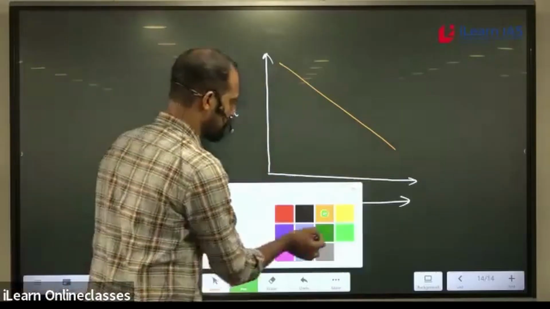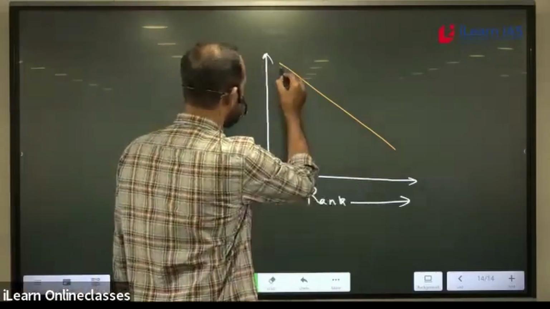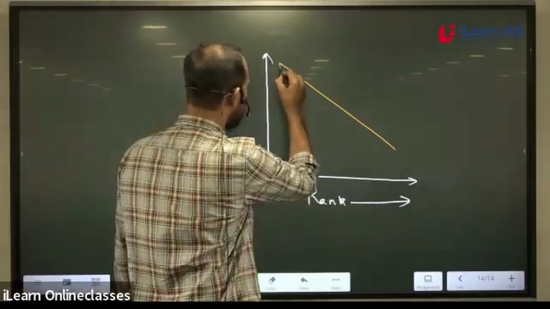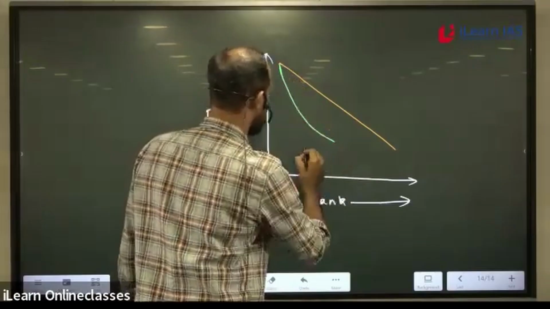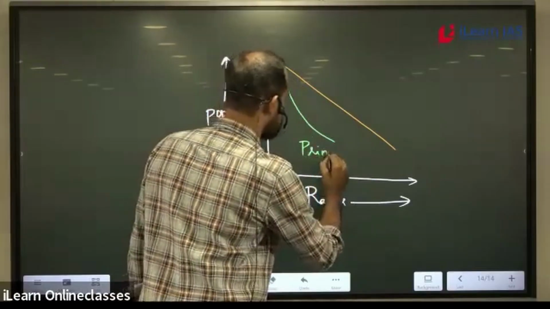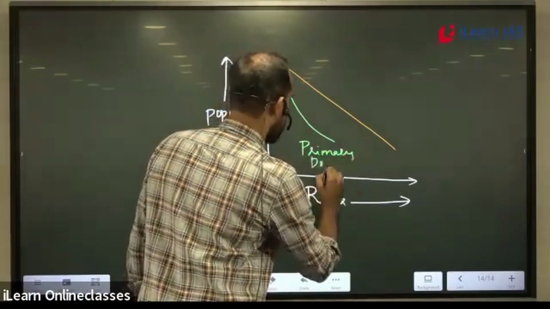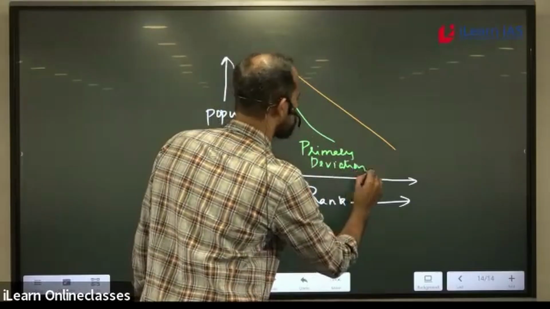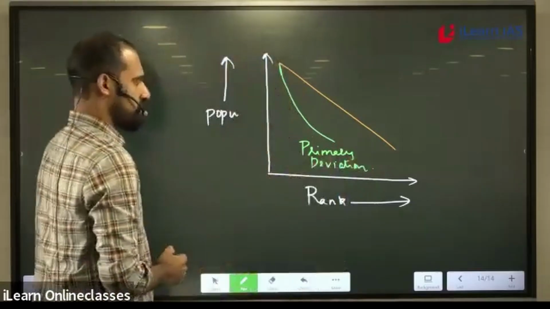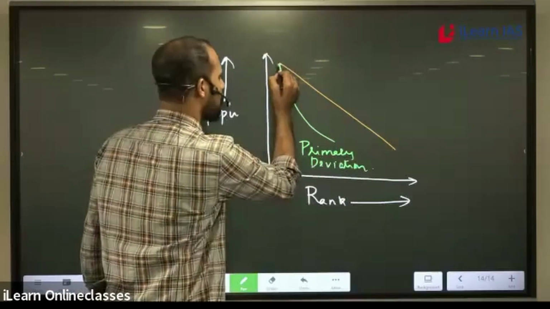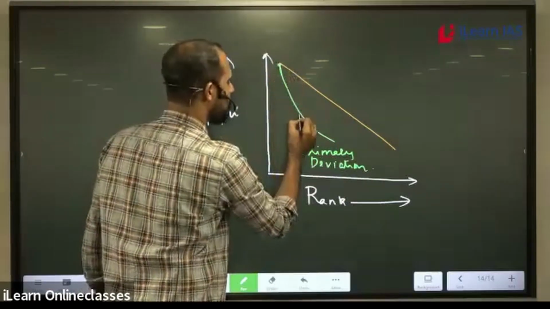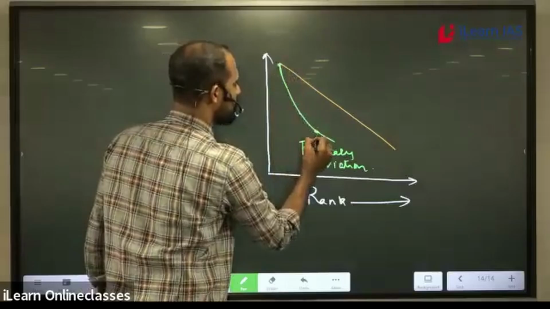Now you can represent primary deviation like this. Primary deviation. So here we can see, suppose this is the largest city, probably this might be the second largest city.